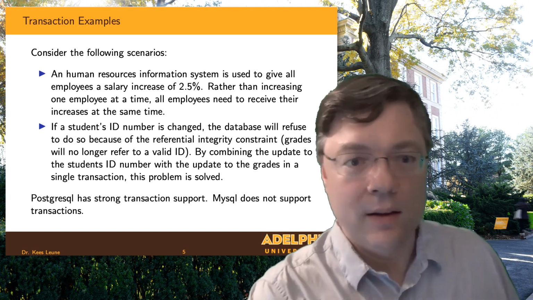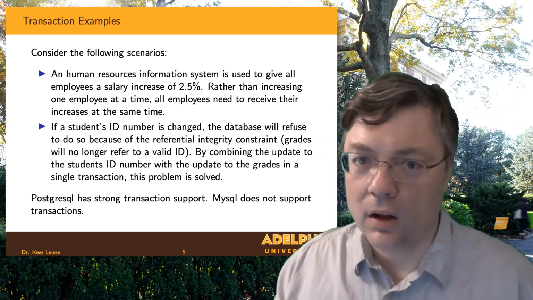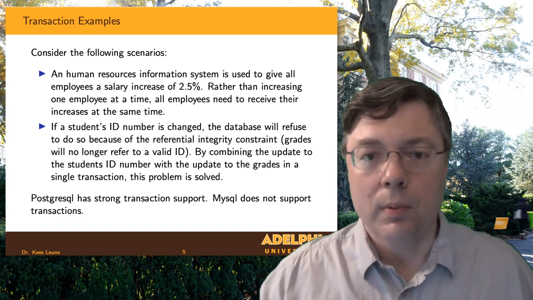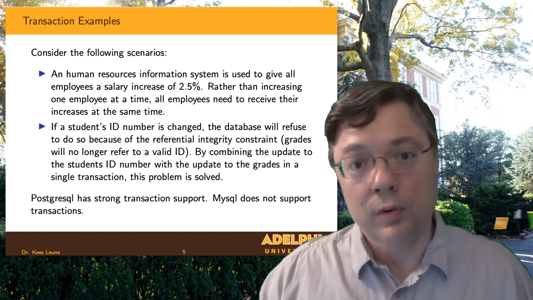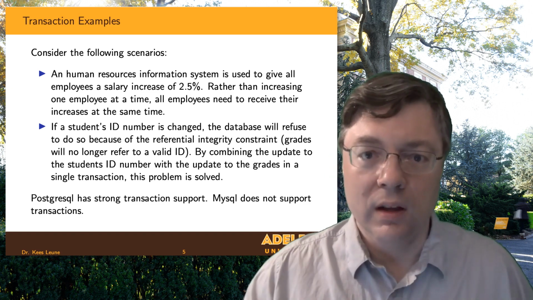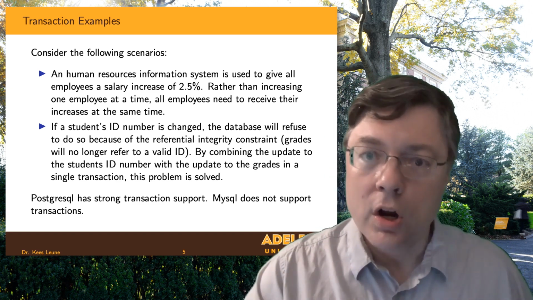Or why did she get a new title and I did not? Once you start processing those, you want to process all of them at once. And if you bundle them all into a transaction, you can do that, because that means that either all of them will succeed at the same time or none of them will succeed.